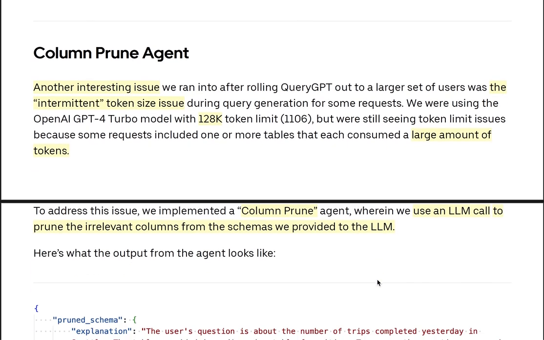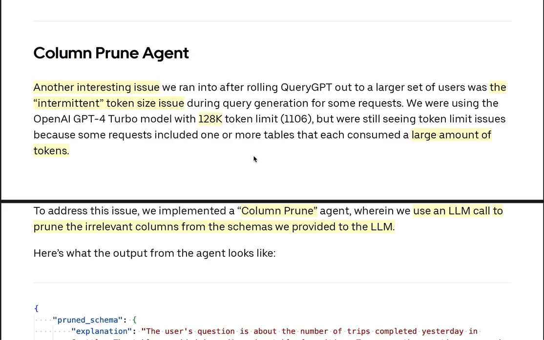The third agent they used was the column prune agent. As I mentioned earlier, some tables can have huge schemas which can overflow the token limits in any given LLM query. So the role of this agent is to prune unnecessary columns and only flow in those columns which are actually needed in the next steps of the pipeline.